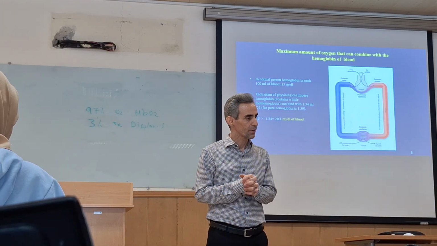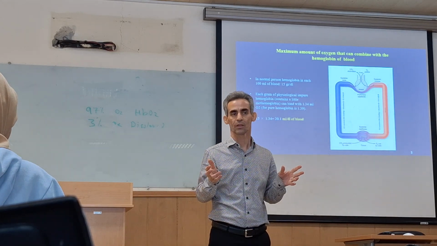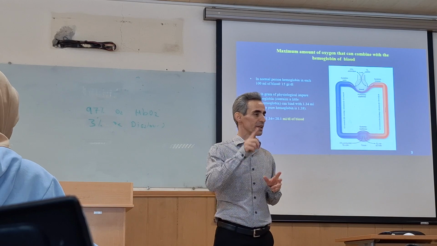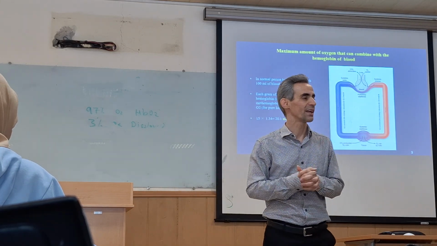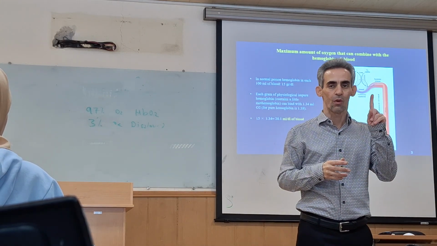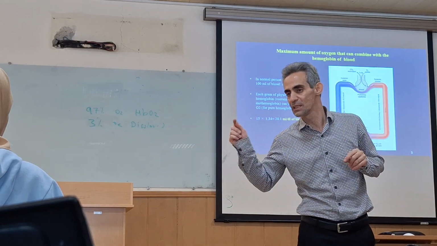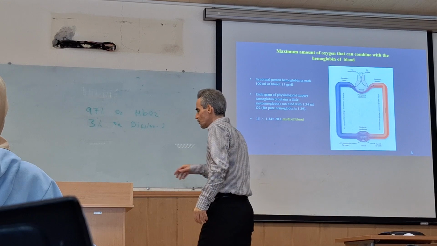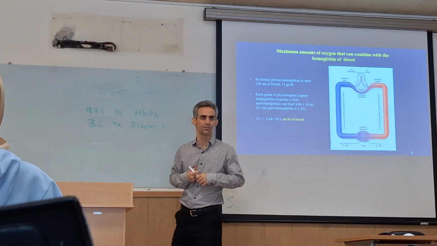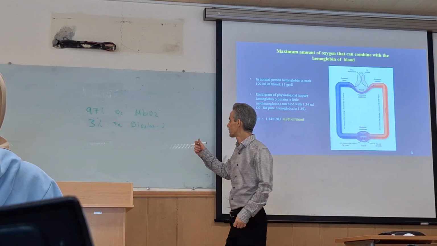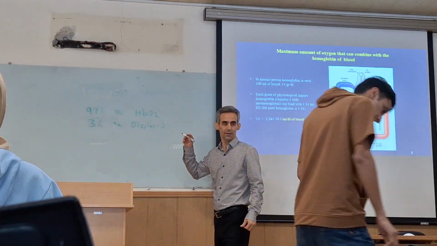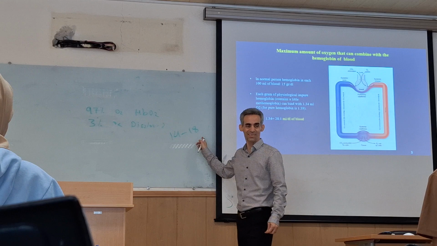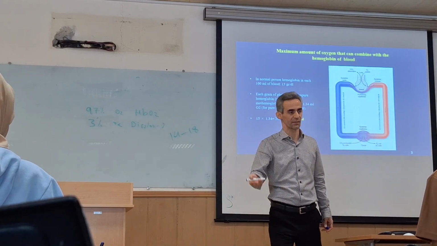For this, briefly, you should know that in healthy and physiological condition, each gram of hemoglobin can bind 1.34 milliliters of oxygen. And you know that in male, the hemoglobin is between 14 and 18 grams per each deciliter.